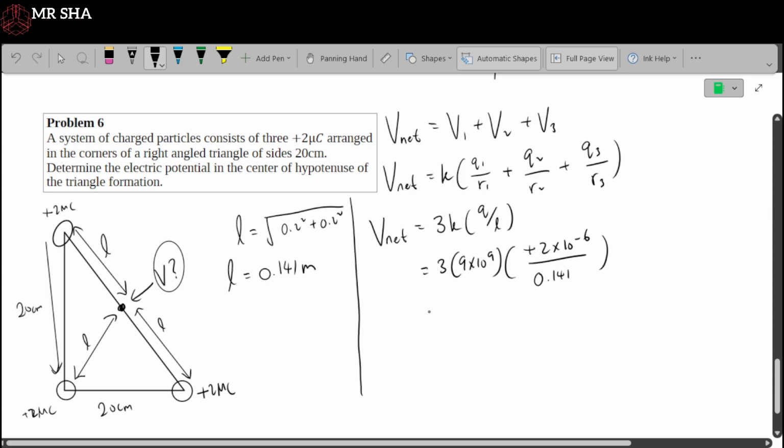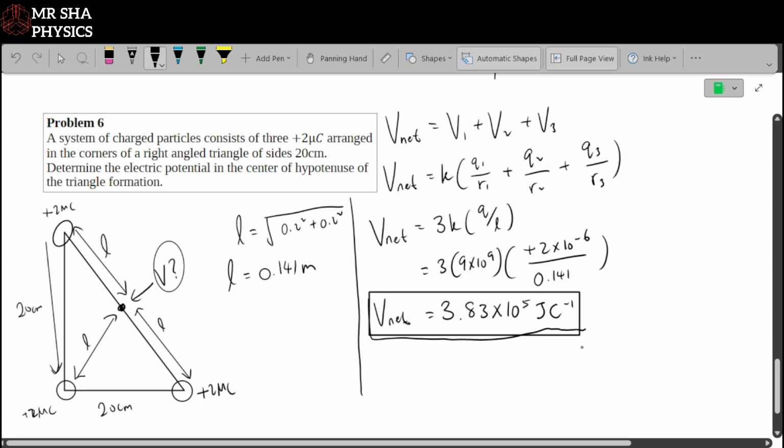So then I'm left with 3.83 times 10 to the power of 5 joules, sorry, joules per coulomb. That's my V net, my V at the center of the hypotenuse of the triangle formation.